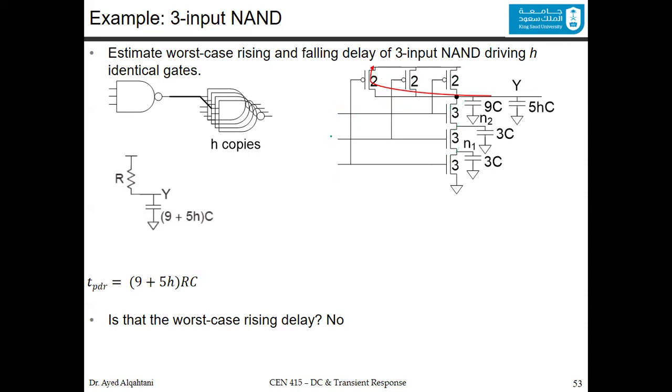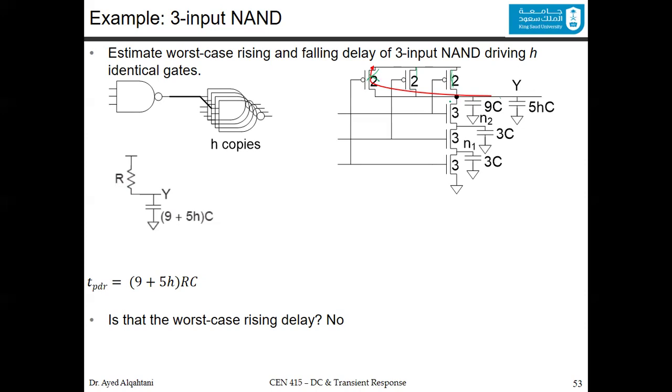Also, if I have only one path here in the pull up that is closed, and 2 of them are on, this is not the worst, because if you have 2 paths, then you are actually charging faster. You are charging this node faster.